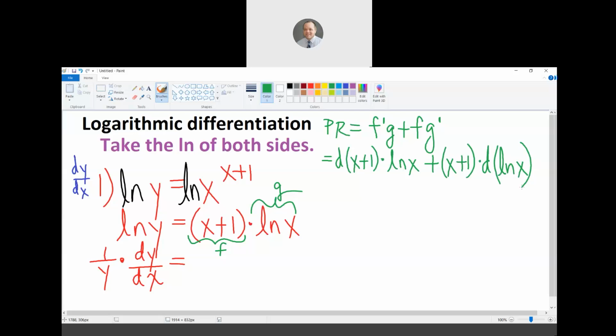Now, the derivative of x plus 1 is just 1. And over here, the derivative of natural log of x is just 1 over x. And technically, when you take the derivative of x, you still get 1, or still 1 over x.